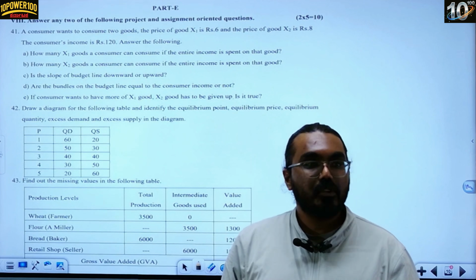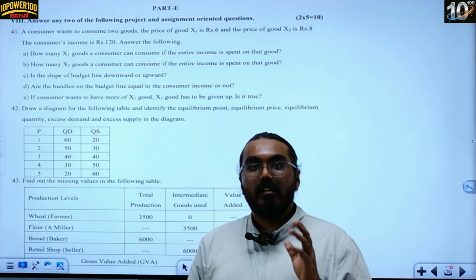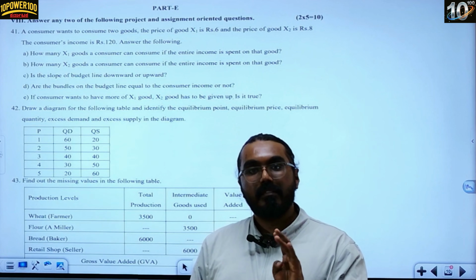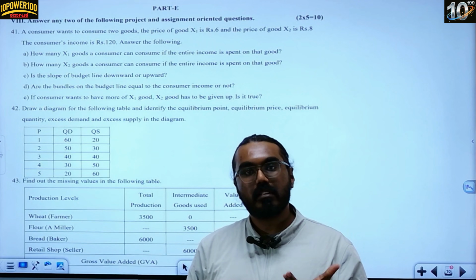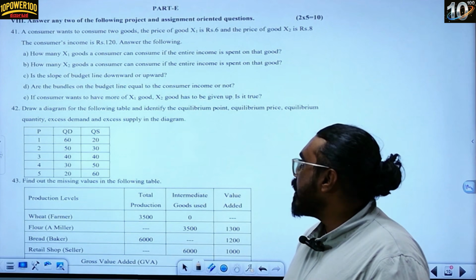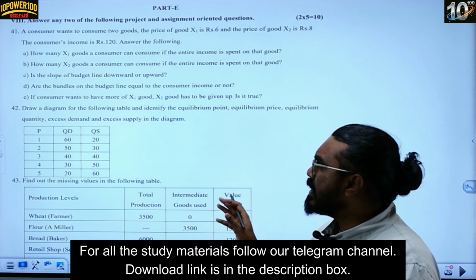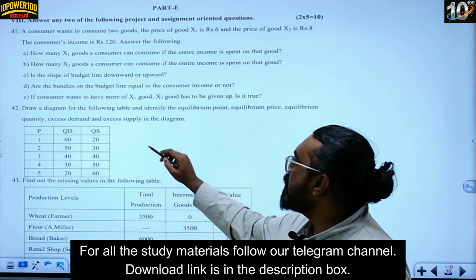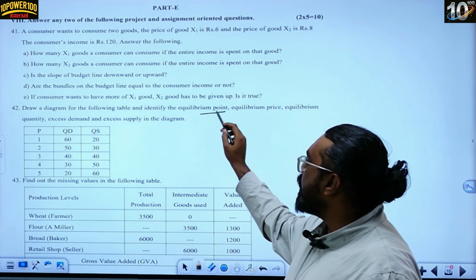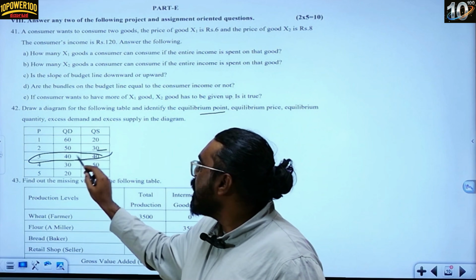This time there are 3 numericals provided to you. One numerical comes from consumer behavior, one comes from your market equilibrium lesson, and one comes from national income accounting, right? And these are very basic questions. This is not even, I would say, a numerical. This is just identifying the equilibrium point, and it's very simple. You can notice it right here, right?